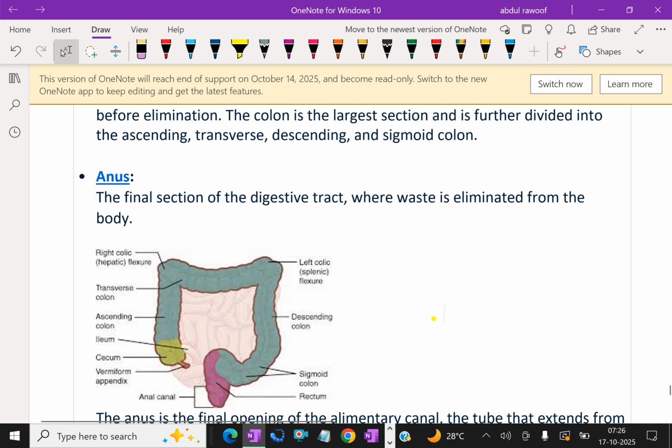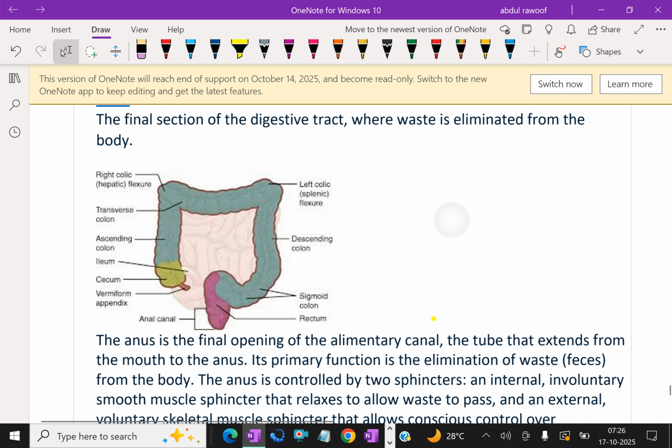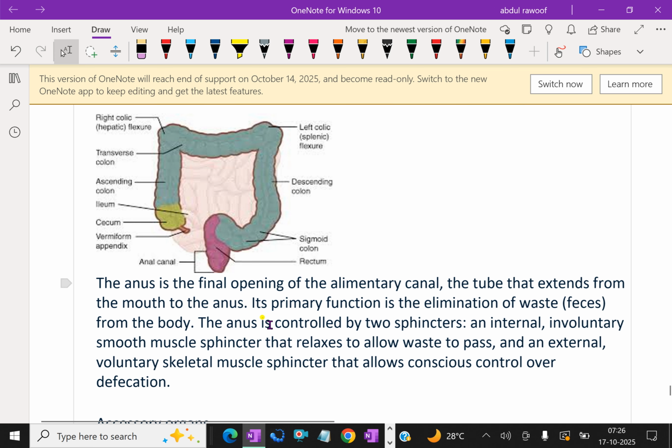Anus, the final section of the digestive tract where waste is eliminated from the body. The anus is the final opening of the alimentary canal, the tube that extends from the mouth to the anus. Its primary function is the elimination of waste, that is feces, from the body.